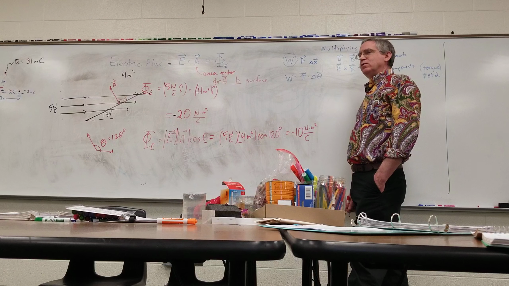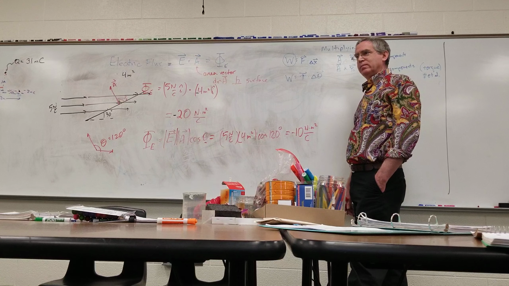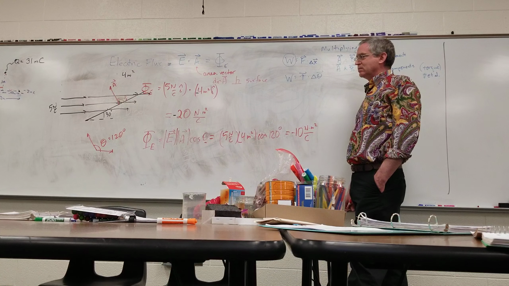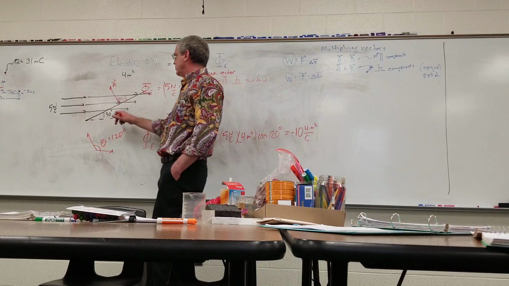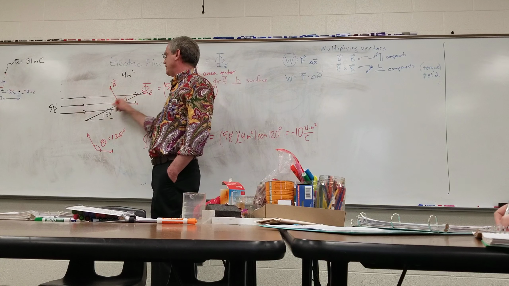Biggest mistake I see students do is they see the angle 30 degrees there and they automatically go, that's theta, and they just plug it right in. So what is the angle that you use? When you're doing dot products, the angle is the angle between the two vectors, and since the electric field is going to the right and this is going perpendicular to the surface, that's the angle that we need right there.